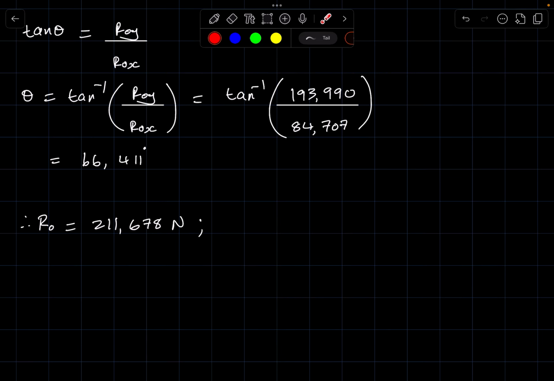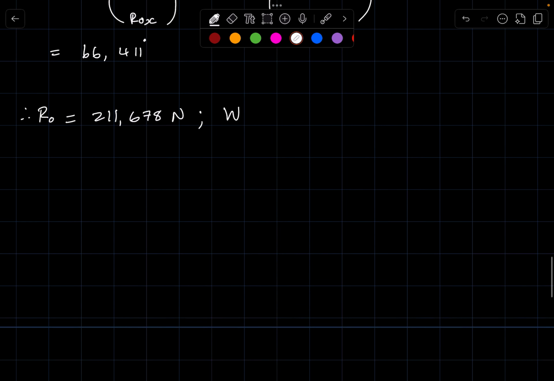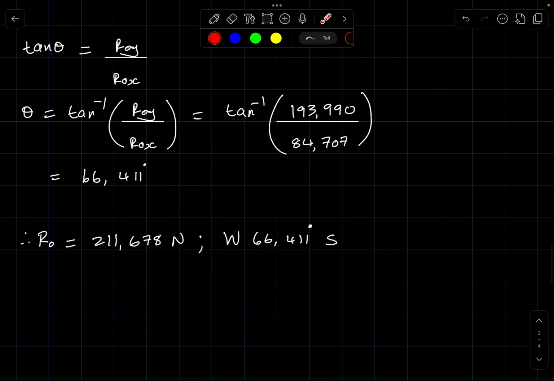Because we used this formula, our angle is referenced from the x-axis. You look at the x component, which is headed west, so the direction of the reaction force is west. The angle is 66.411 degrees, headed south.